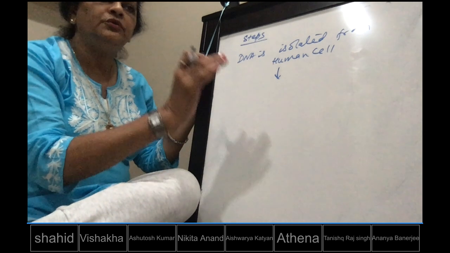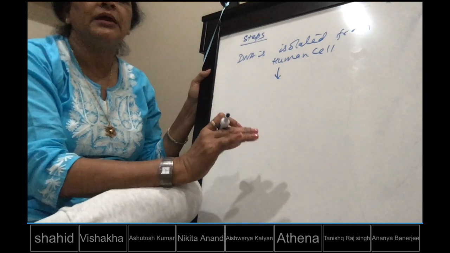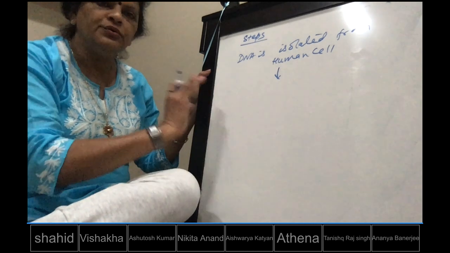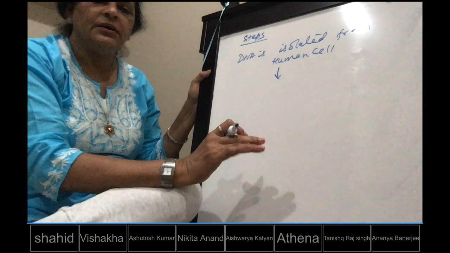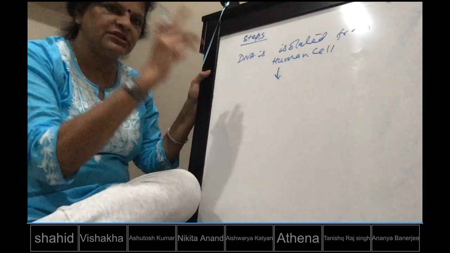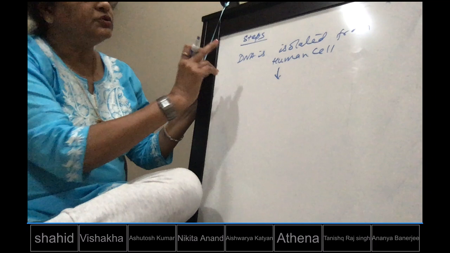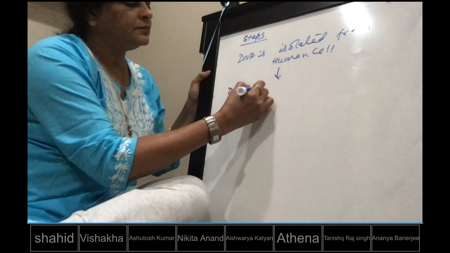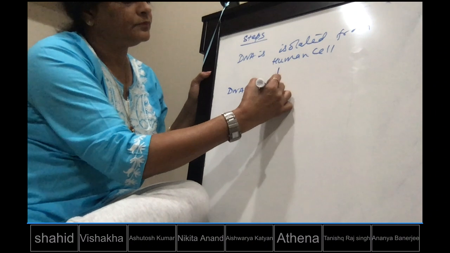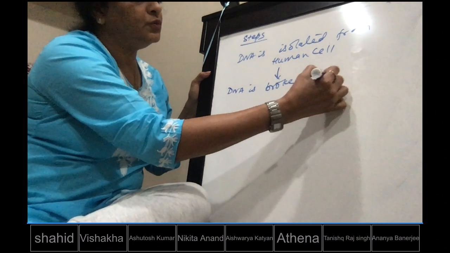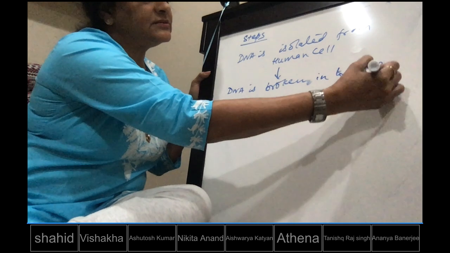Breaking down of DNA into fragments, also there is an enzyme involved, restriction endonuclease. Again, I'm not using the name of the enzyme here, because all this you will study in detail in the biotechnology chapter, which comes a little later. So DNA is isolated from the human cell. DNA is broken into fragments.